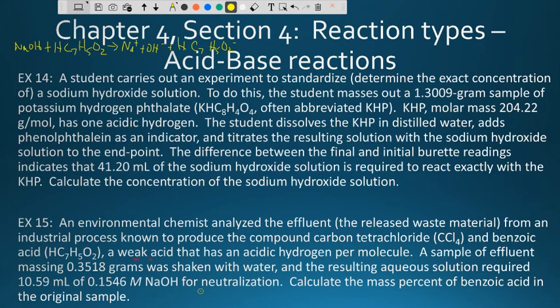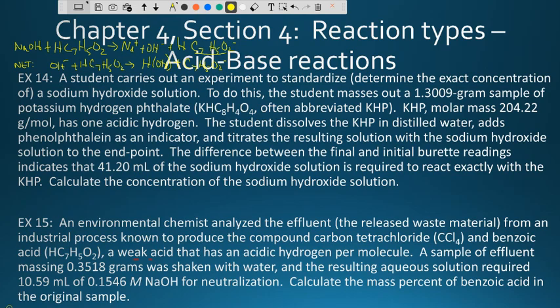Now, doing a net ionic equation from all of this, I end up with hydroxide and my benzoic acid, HC7H5O2. I'm going to get water off of this, HOH, and I'm going to get this polyatomic C7H5O2 negative.